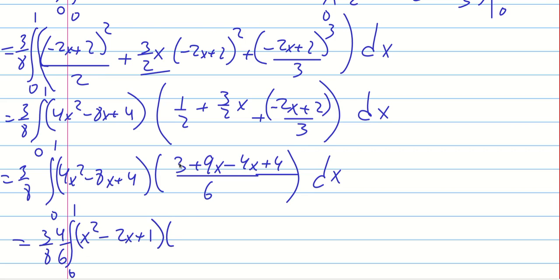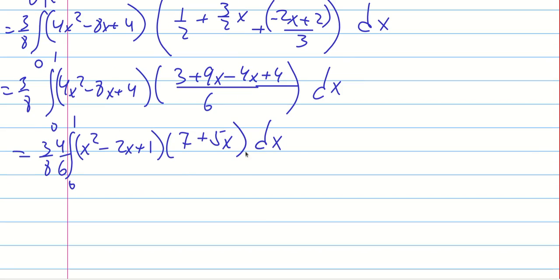And over here we add up 3 and 4, so we're going to get 7 plus 5x dx. Then we're going to FOIL this out to simplify it. So 4 and 8 gives us 2, 6 and 3 gives us 3. Sorry, it gives us 2 here.